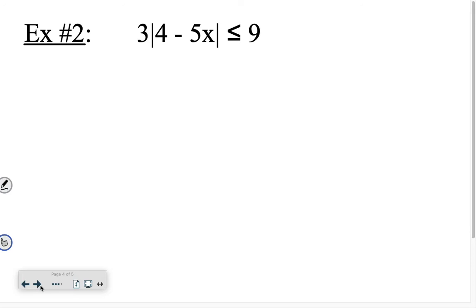Then we're talking about distance from 0, but not until the absolute value is by itself. So step number 1 here is we have to divide both sides by 3. Now we've got an absolute value, and you're in the same spot we were on the last one.